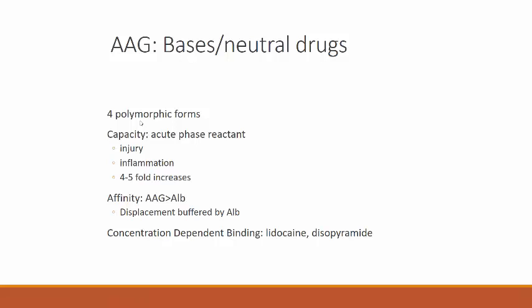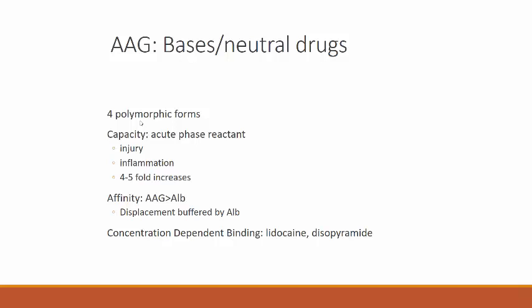The interesting thing about AAG is that it is an acute phase reactant. What's an acute phase reactant? Well, it's one of the things that's released in the body when your body is under stress or in some kind of trouble. Your body, like we've talked about so many times, is amazingly designed or evolved, however you want to view it. When there's an injury or inflammation or something going on in the body that causes your acute phase reactants to kick into action, there will be several things released.